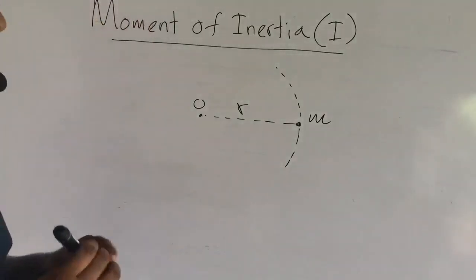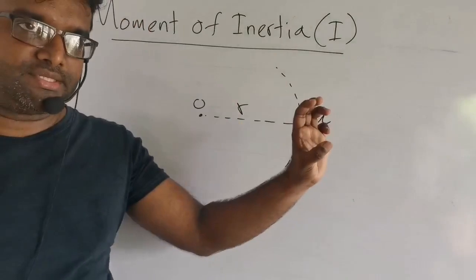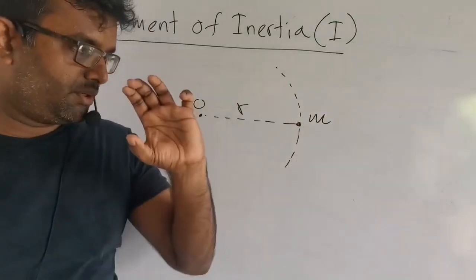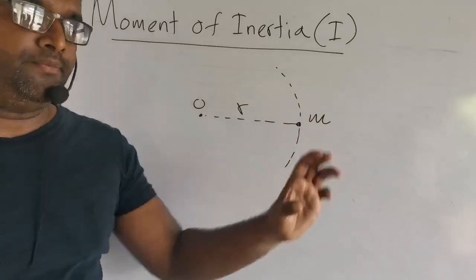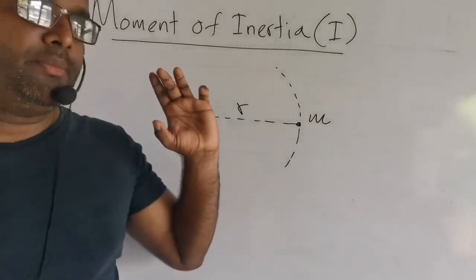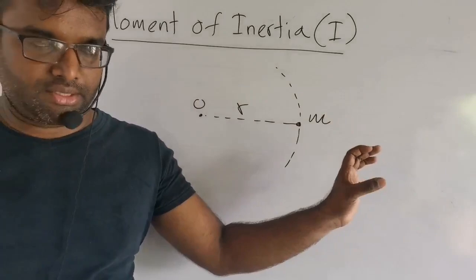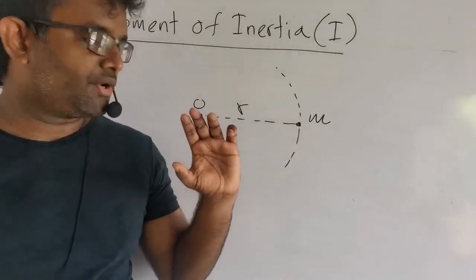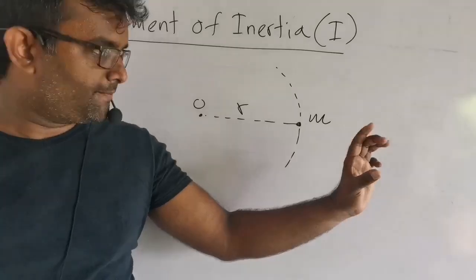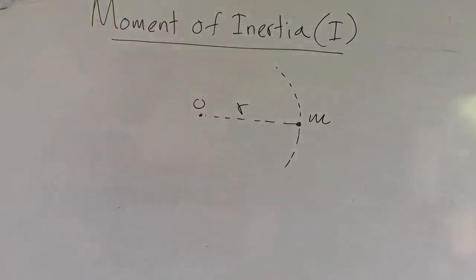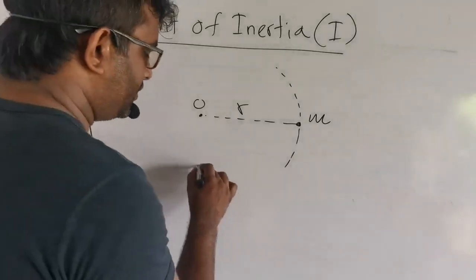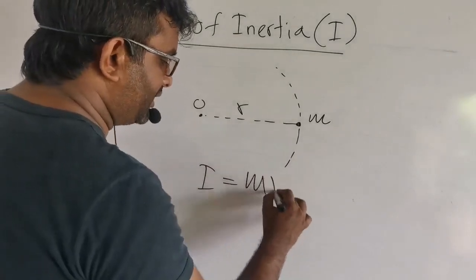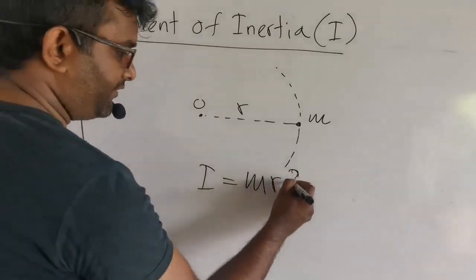Highlight that: for a point mass m and perpendicular distance r from the rotational axis, I is equal to m r squared. This is the equation.